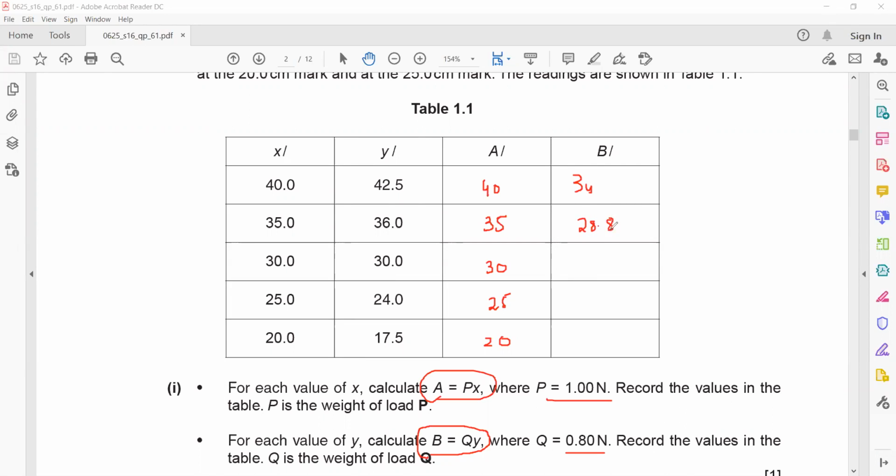Then 30 multiplied by 0.8, sorry, not 0.6, 0.8. And 24 into 0.8. This was 24.